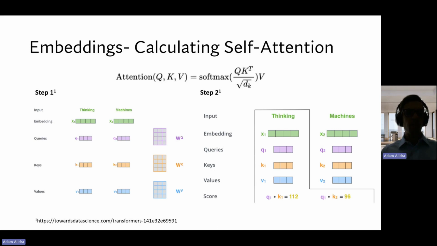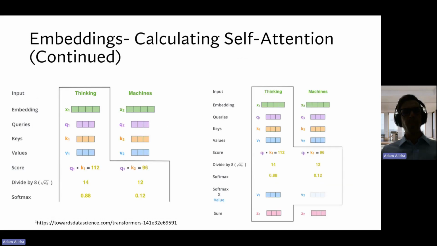The score is calculated by taking the dot product of the query vector, as you can see there at the bottom, with the key vector of the respective word we're scoring. So for processing the self-attention for the word in position number 1, the first score would be the dot product of Q1 and K1. And the second score would be the dot product of Q1 and K2, equating to 96.